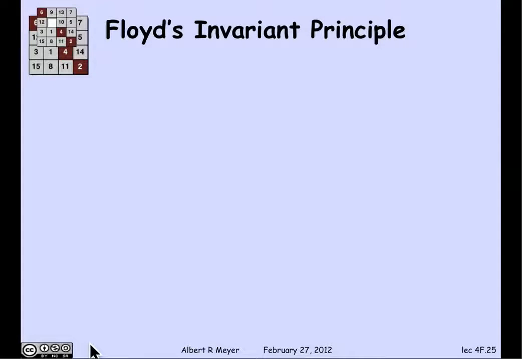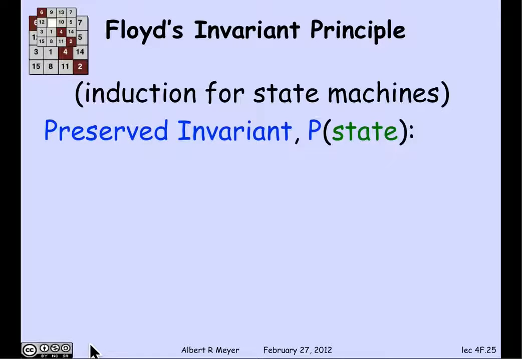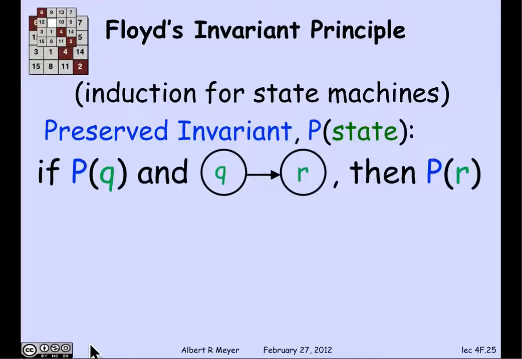Now, what we've illustrated here is an argument that's known as Floyd's invariant principle, and it's really nothing but induction reformulated for state machines. The statement of Floyd's invariant principle is that we're going to define a preserved invariant as a property of states, and a preserved invariant means it has the property that if you're in a state that has property P, and it's possible to make a single transition to a state R, then R will also have property P. This is just like the induction step, where you have to prove that P of n implies P of n plus 1.